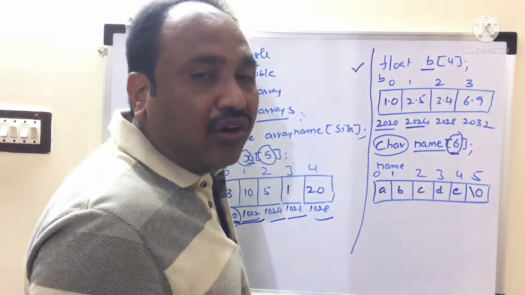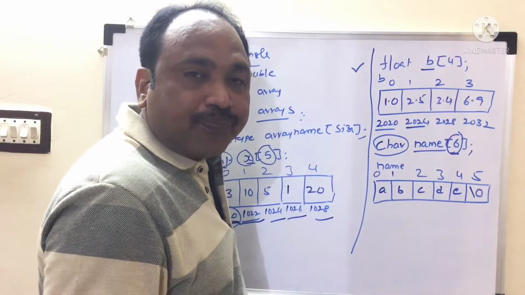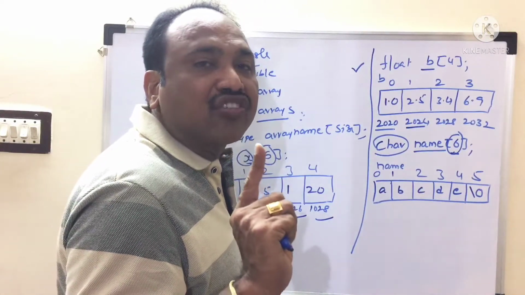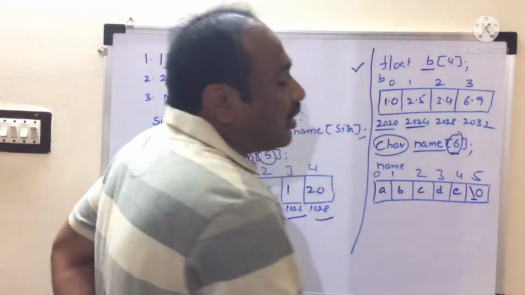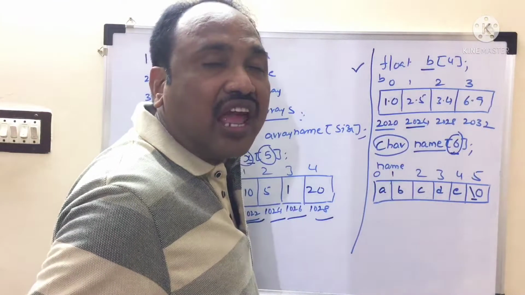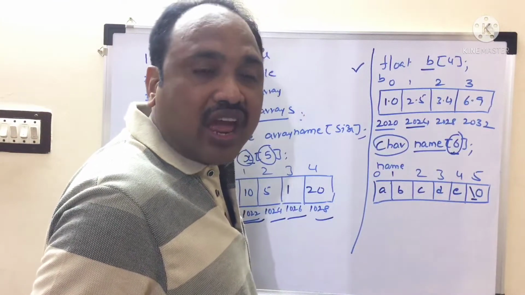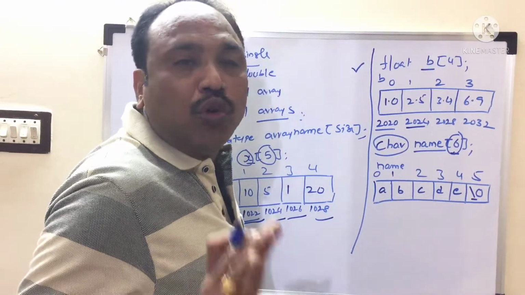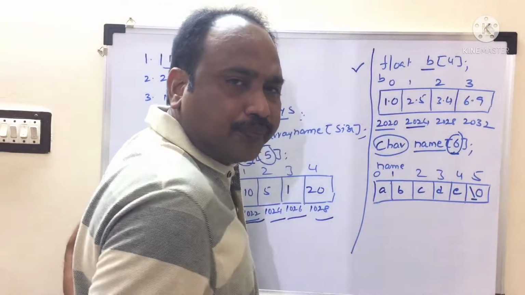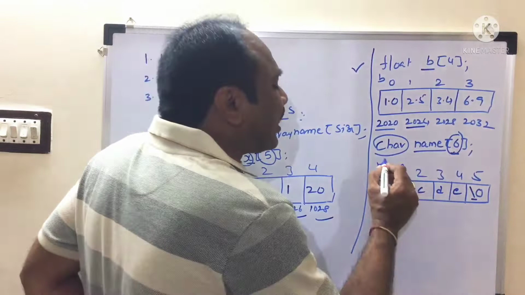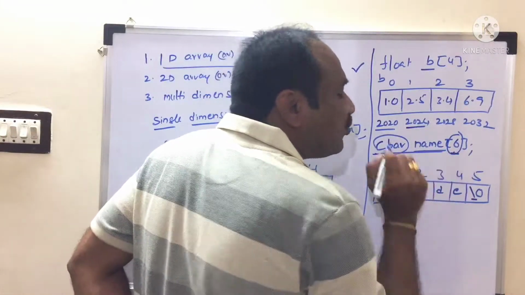That's why when you work with strings, we have to provide an extra space to store \0, because every string in C language ends with \0. The other name of a character array is string.